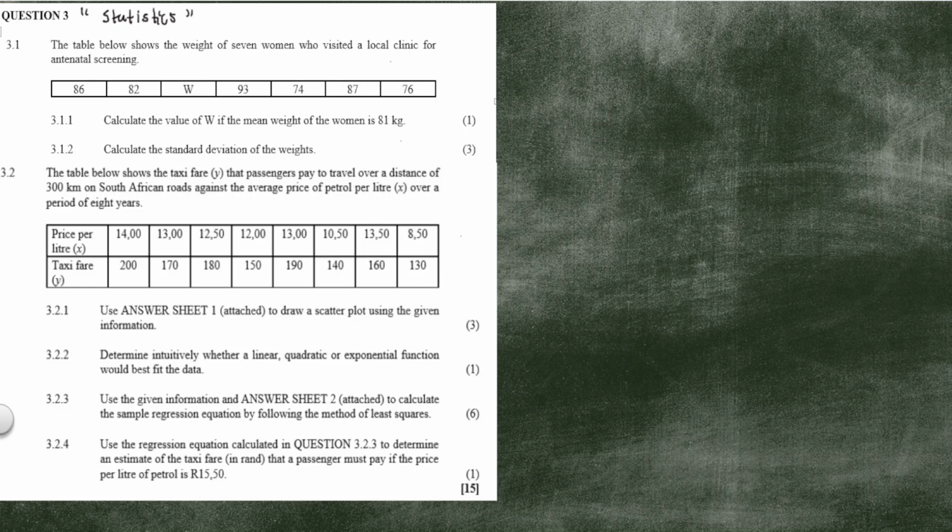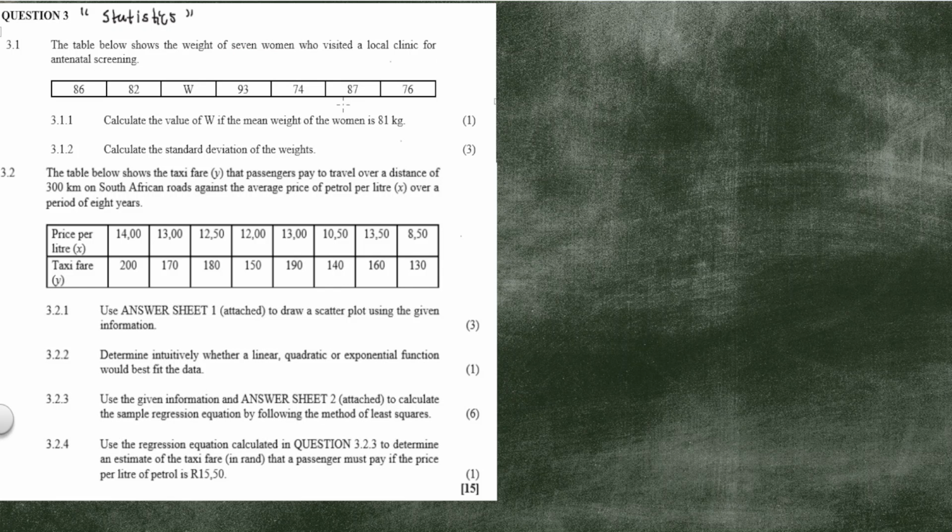For 3.1, we are shown a table of the weights of 7 women who visited a local clinic for antenatal screening.